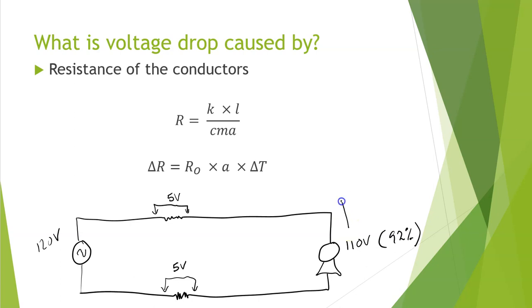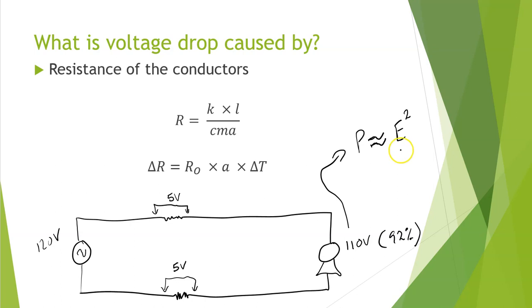Now the consequence of this, why this is so important, is that ultimately if we consider the power output of a load, assuming that the resistance or the impedance of the load stays constant, then the power output will always be proportionate to the square of voltage.